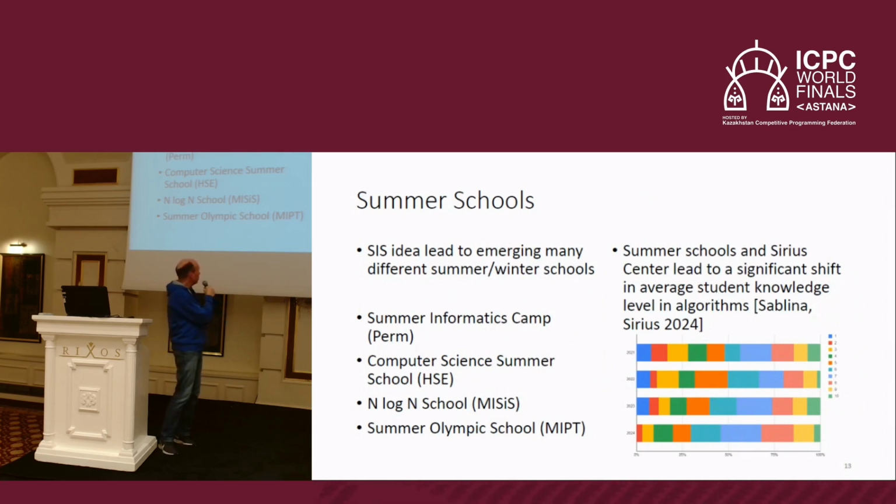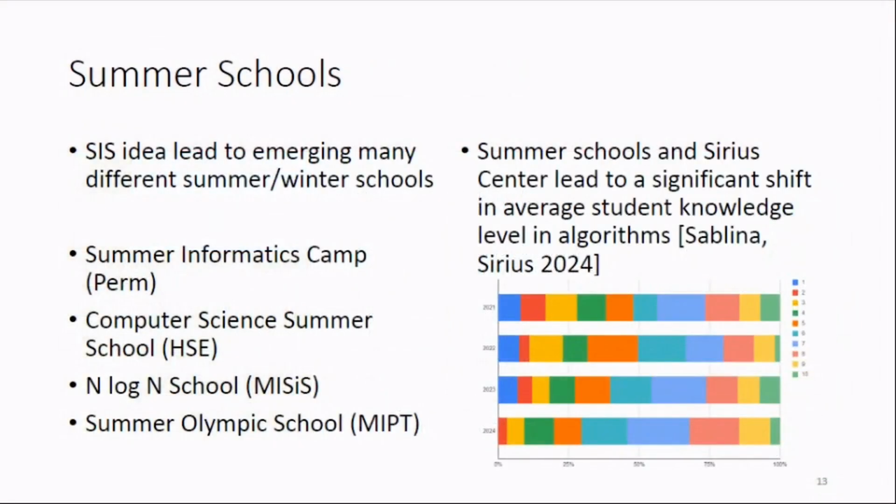The picture on the right, if you can discriminate the colors on it, shows how the level of students grew during the last years. The same color shows the number of students at the corresponding level, the width shows the number.